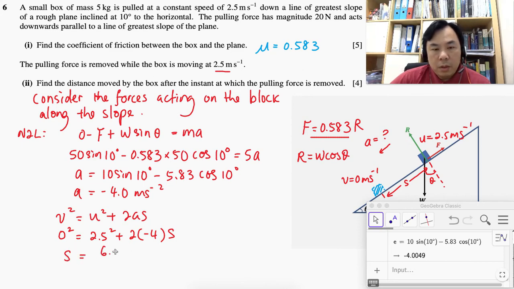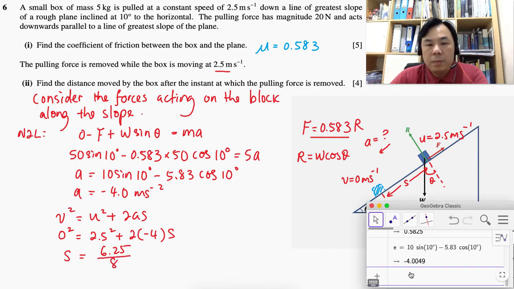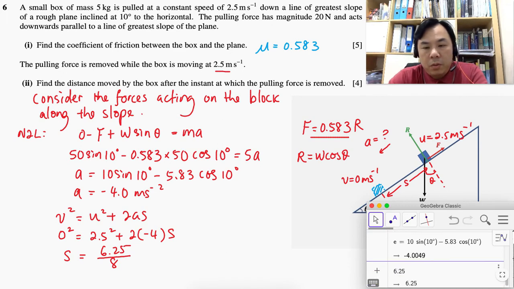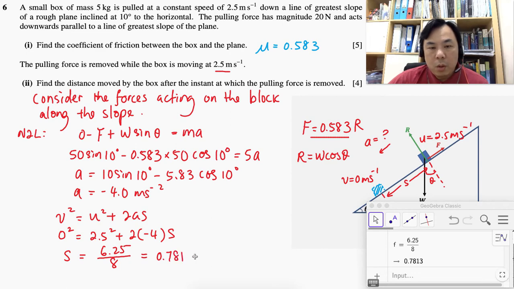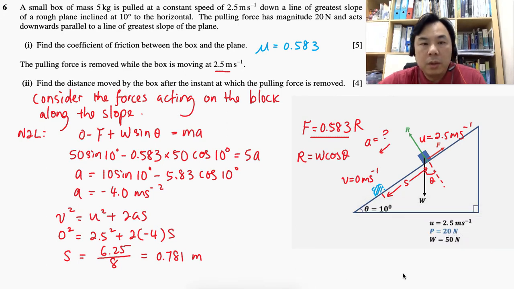Therefore, that is 6.25 over 8. Let me check with my calculator one more time. That is 6.25 divided by 8. To three significant figures, that is 0.781 meters. I hope that is clear. That's how we solve this mechanics problem. I'm going to move on to the next question shortly.